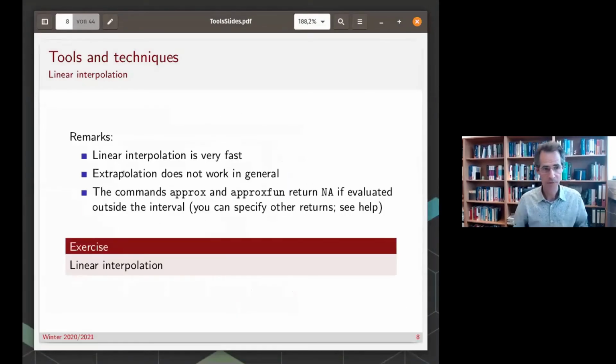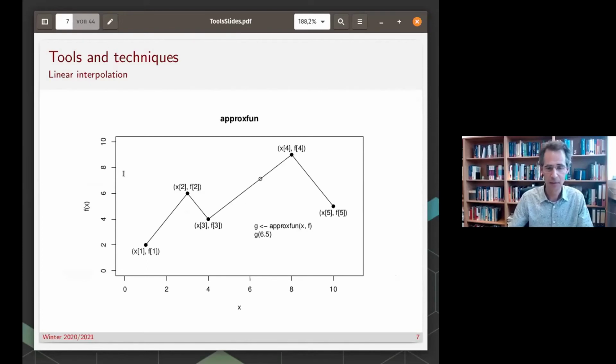A problem of linear interpolation, but not only of linear interpolation, but of any kind of approximation, is that extrapolation does not work in general. If I would like to know an approximation of this function f at point 20, how would I do that? It's at least not obvious what to do in that case.